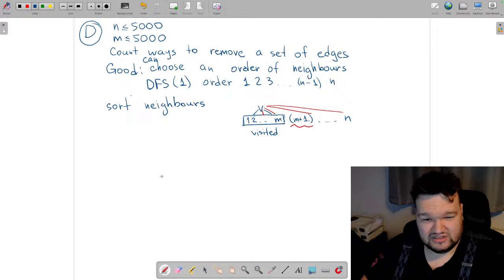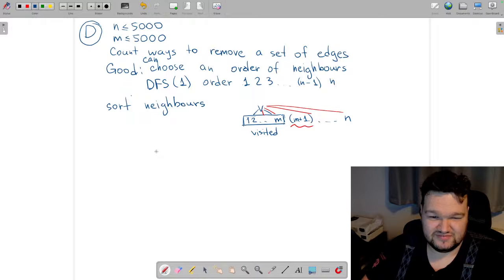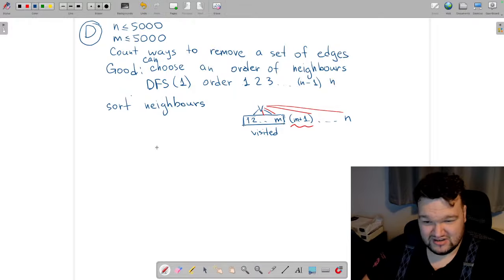Okay, now let's look at our DFS tree that we are trying to construct. So 1 is the root. Then from 1 we must visit vertex number 2. From 2 we will visit something, maybe.